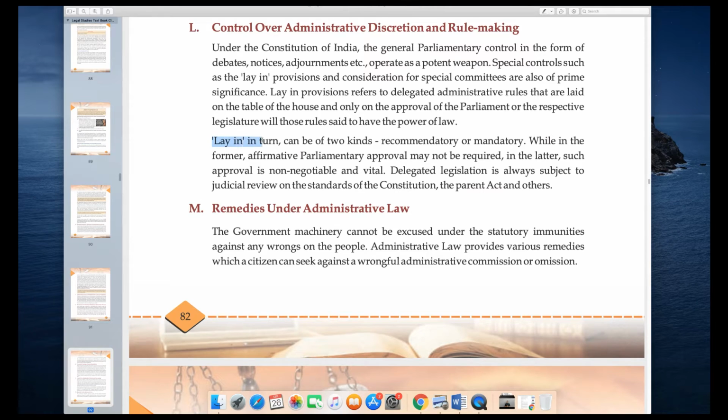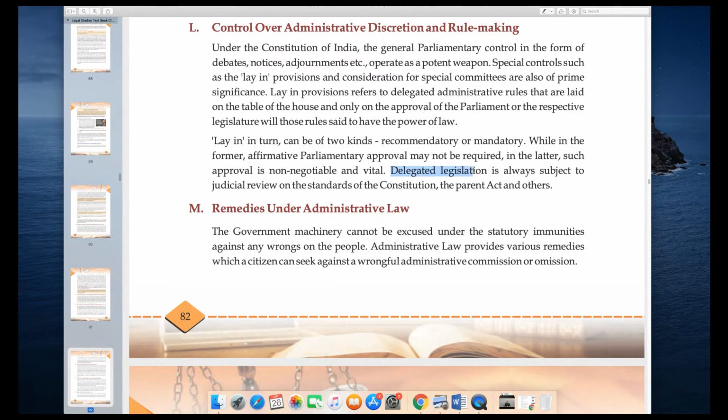Further, lay-in can be of two kinds, recommendatory or mandatory. While in the former, affirmative parliamentary approval may not be required, in the latter, that is mandatory, such approval is non-negotiable and vital.